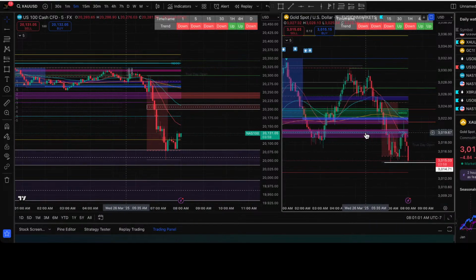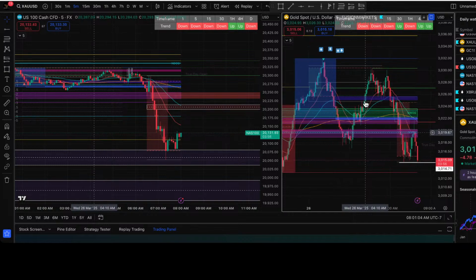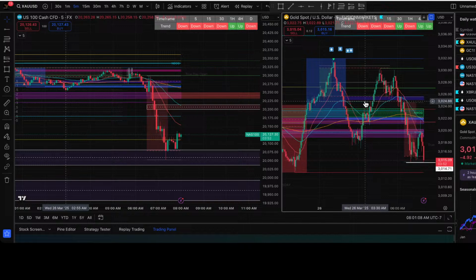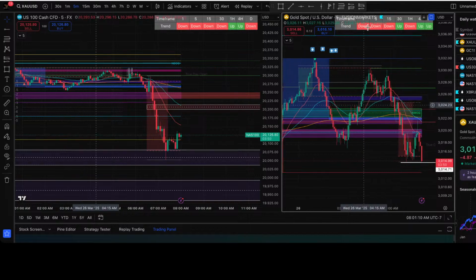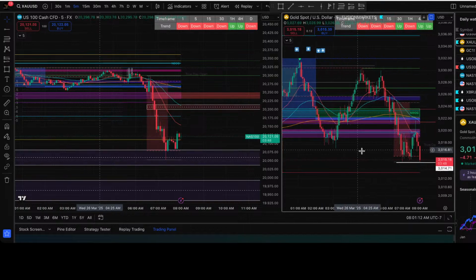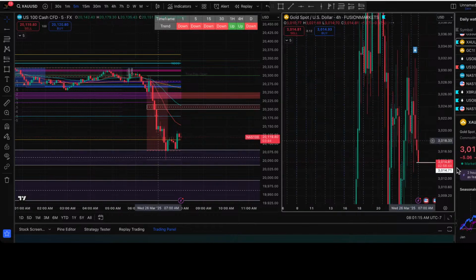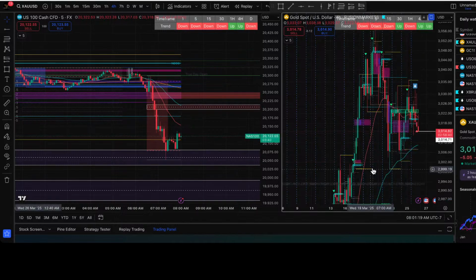Let me just take a look at it. So a bit of a mixed bag right across the board. Let me just see the 4 hour. We got about 3 minutes 45 seconds for that candle to close. Let me just see where the 4 hour fair value gap is.